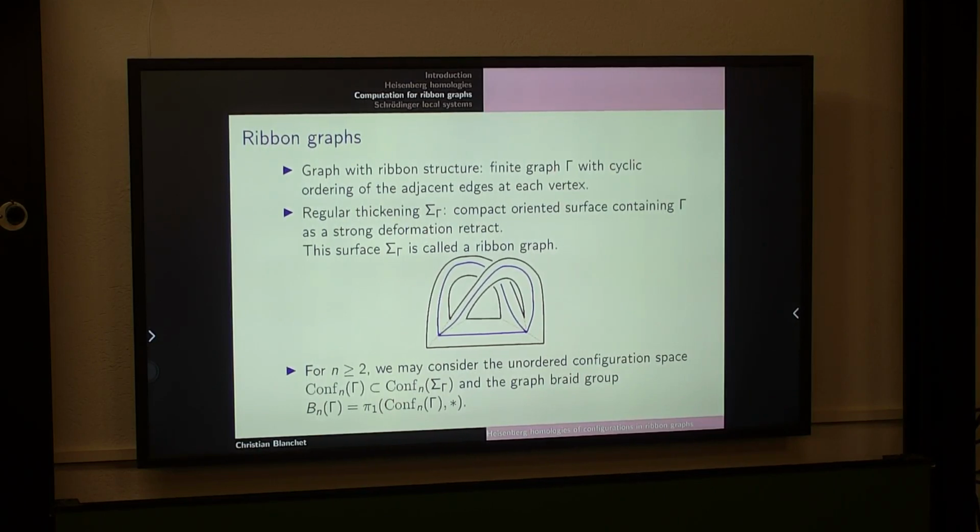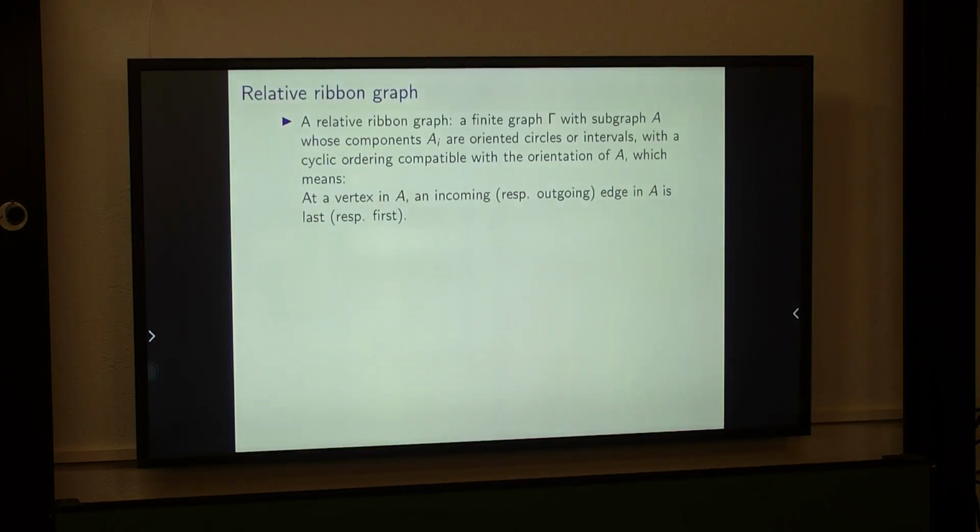By using this inclusion map, the previous local system restricts to the configuration in the graph. So the question now is, can we say something about the homology of configuration in the graph, which would like to be rather combinatorial, and the homology of configuration in the surface. We will also have a relative version of this. It's useful to have a relative version.